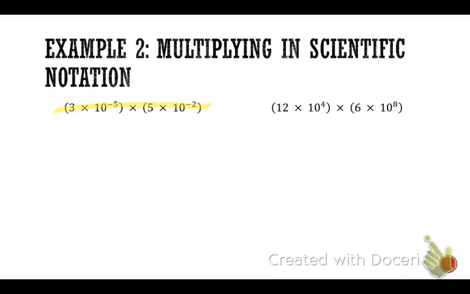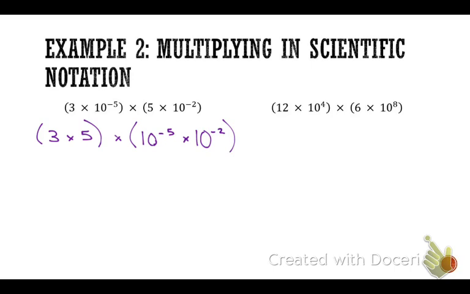Okay, so commutative property, guys, tells me that I can group 3 times 5 together, and I can multiply that, and I can multiply my powers of 10 together. Because it's all multiplication, I can do this.